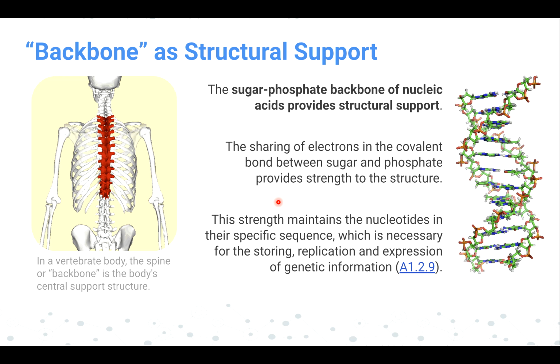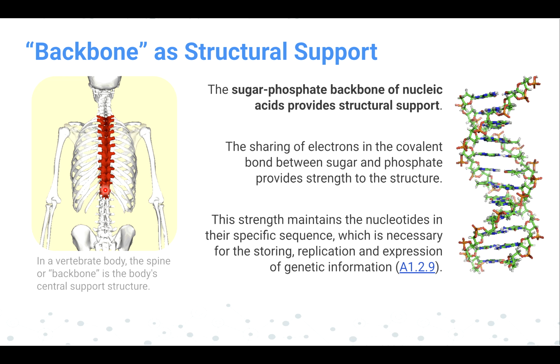Like how we have a backbone in our body, the backbone maintains the structure of the human body. In the same way, to maintain the structure of the DNA, we need a backbone. That's why the sugar phosphate backbone is present in the DNA, which provides structural support and maintains the flexibility of the structure.